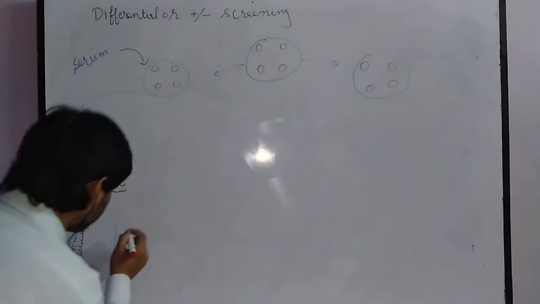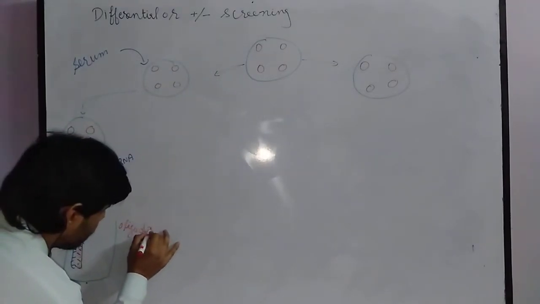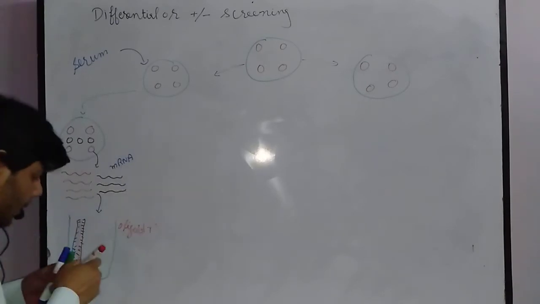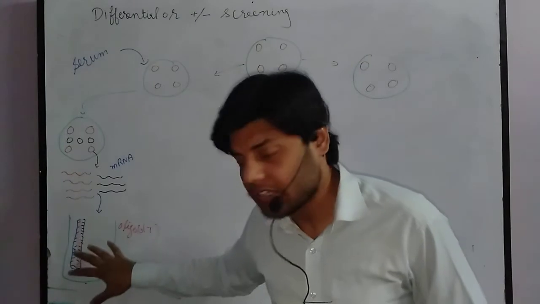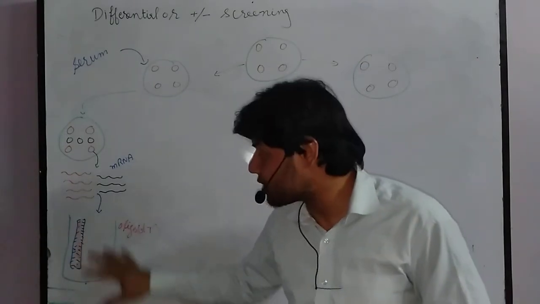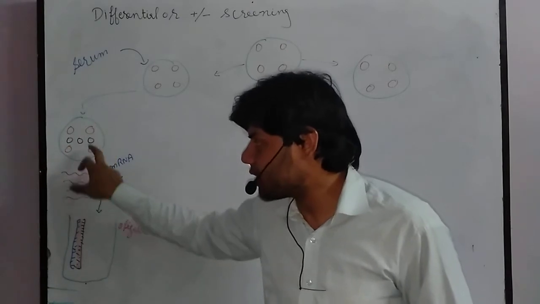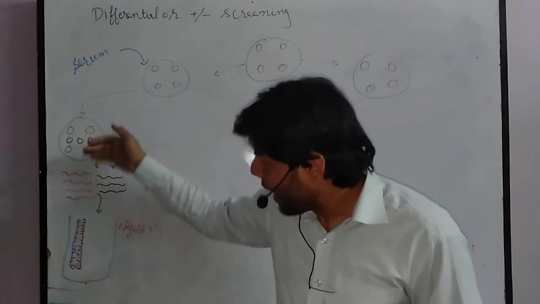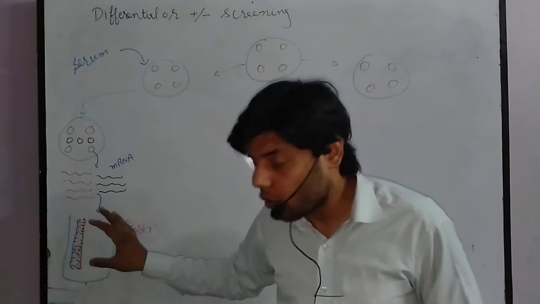This is the oligo-DT column. And we have not only one single messenger RNA present in this column. A lot of messenger RNA are present, which we extracted from this master plate, and then we loaded it into the tube, and then we get the complementary of each.